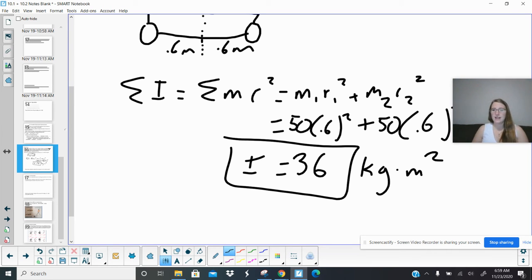So it's kind of weird. Again, some concepts do not have a special unit like a Newton or a joule. Sometimes it's just based on what the formula for that thing is. So we would say this is a rotational inertia of 36 kilograms times meters squared.